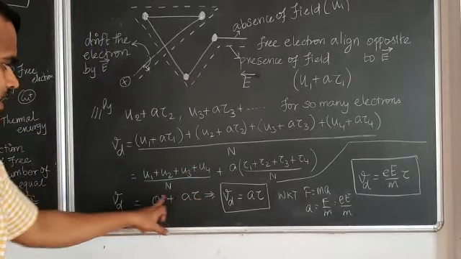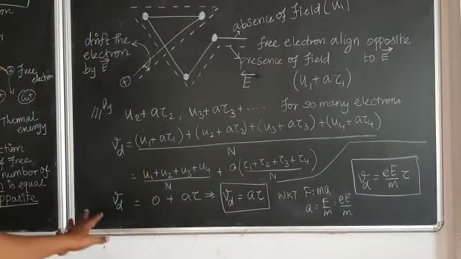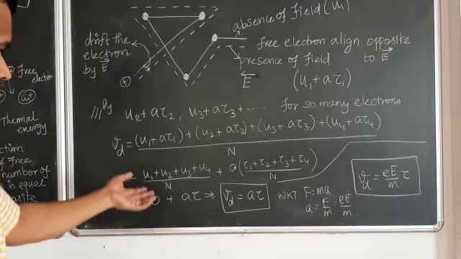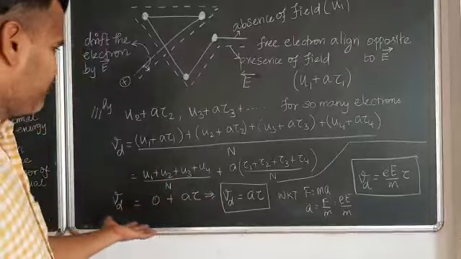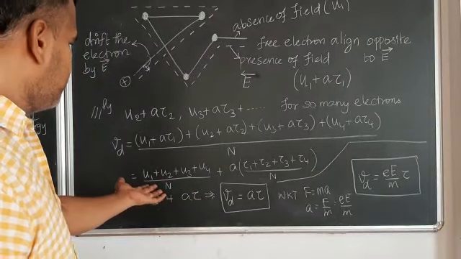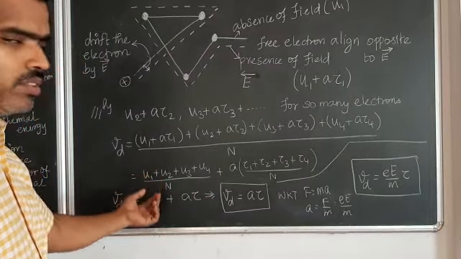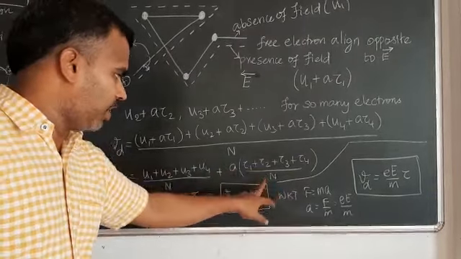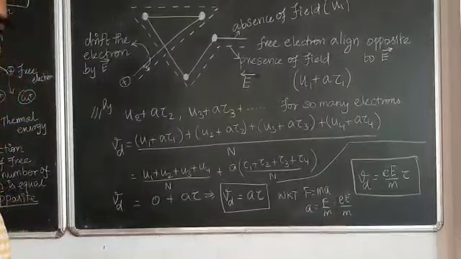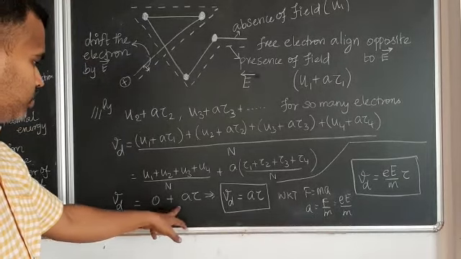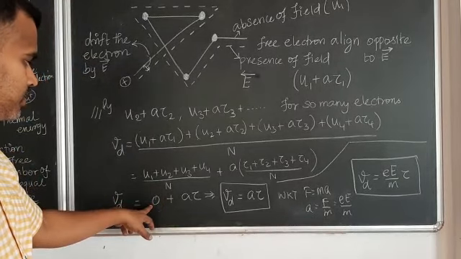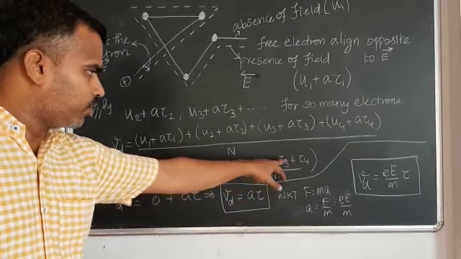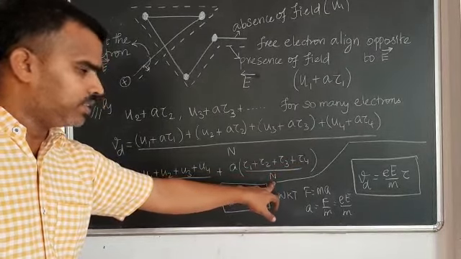Therefore this first factor becomes 0, because as I said clearly, in the absence of an electric field the net velocity becomes 0. Plus a into this factor, which is called the relaxation time, the average time taken. So Vd is equal to 0 plus a tau. This term is 0 and this term is a tau, where tau is tau 1 plus tau 2 plus tau 3 divided by n.